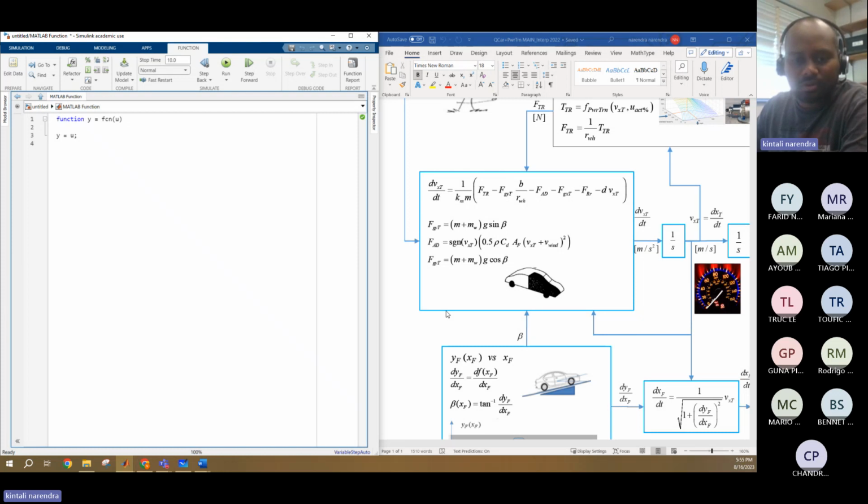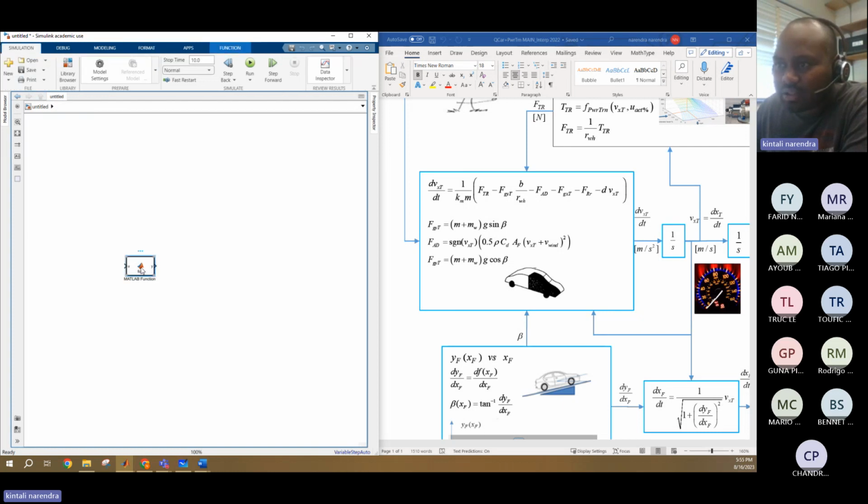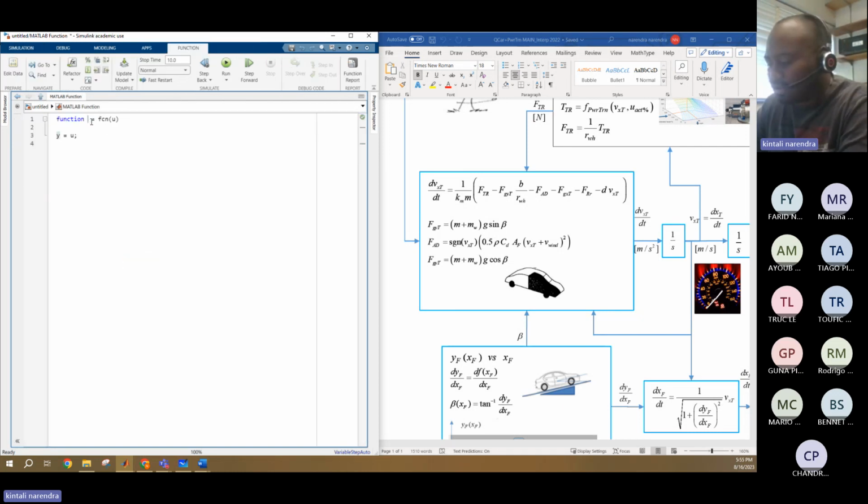So it's a MATLAB function, open it, and now see here, this is the one I want to build. Guys, this is the equation I want to build. So what is the output here? dvx by dt. The output of the function is given by y, so y is nothing but dvx by dt.